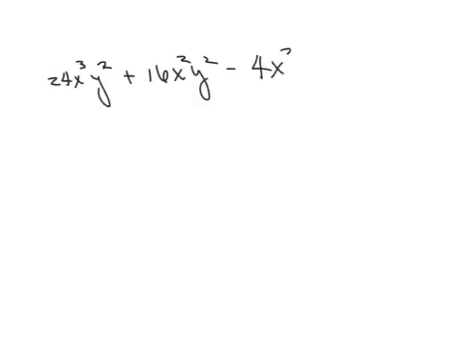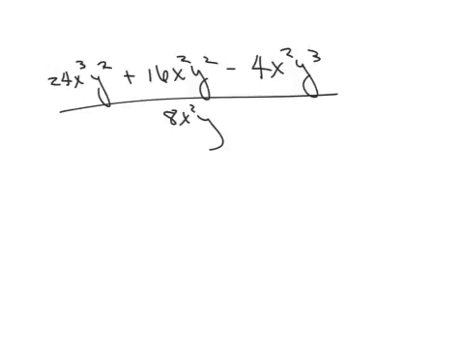Golly, 5 minutes-ish. 24x cubed y squared plus 16x squared y squared minus 4x squared y cubed over 8x squared y.